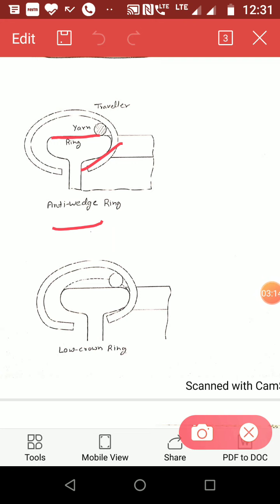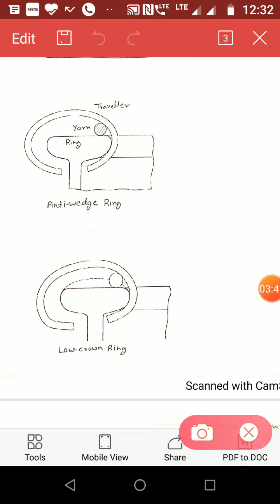This change in form permits use of traveler with a lower center of gravity and precisely adapted elliptical travelers, which in turn allowed operation at high speeds. Anti-wedge rings and elliptical travelers belong together and can be used only in combination.